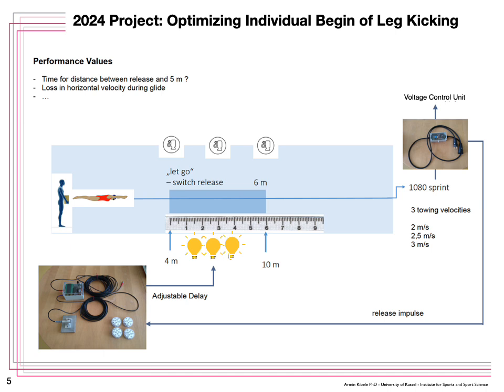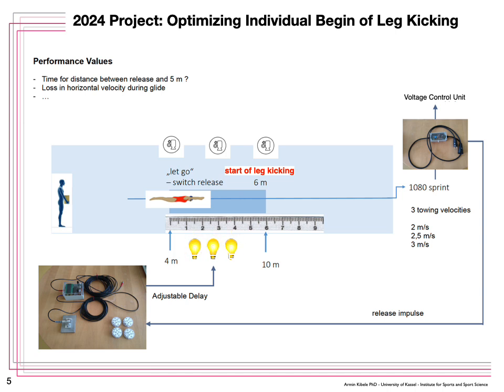For each test, the swimmer starts out in a horizontal prone position with arms outstretched and hands grasping a small ball at the end of a tow rope. At the start of the experiment, the rope, which is connected to a 1080 Sprint device, accelerates the subject to an individually selected glide velocity, which is reached in the dark blue area of this image.